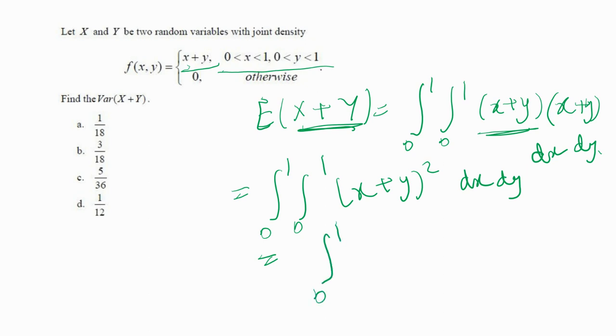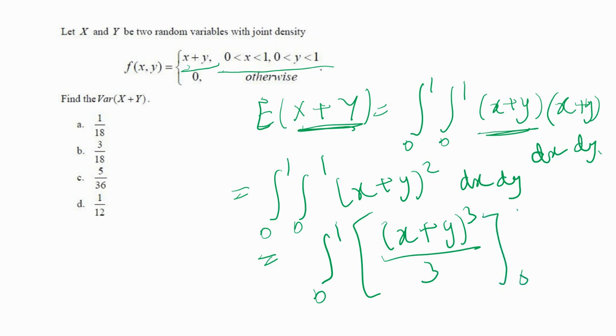Now you can do it in y firstly or x firstly. So I'm doing it as y firstly. Now if you have a plus x, then its integration will be a plus x whole square by 2, because this time this is just a constant.